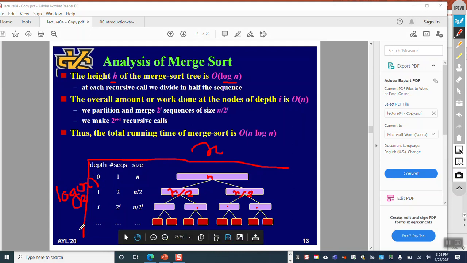If you form a rectangle, what is the area of this rectangle? n log n, length times height. So the total running time for the merge sort algorithm will be big O of n log n. n is the length and the height is log n.